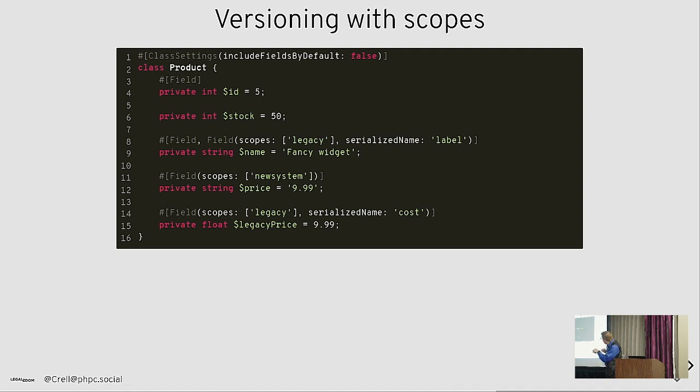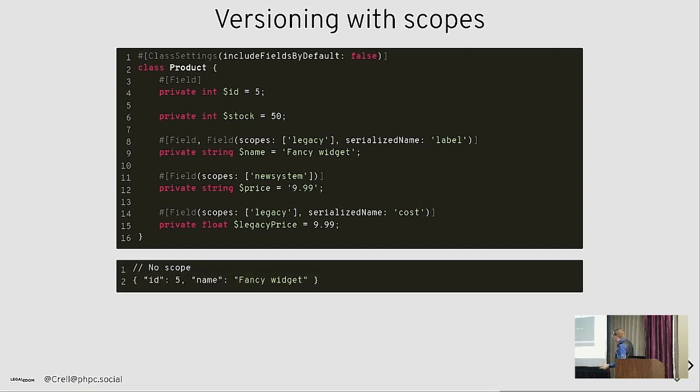And in the scope legacy, we want to use a serialized name of label instead of name. The price field is only used in the new system scope, and the legacy price is only used in the legacy scope with this funky other name. So if we call no scope, then we get just the ID and the name, because those are the only ones that have an unscoped field.